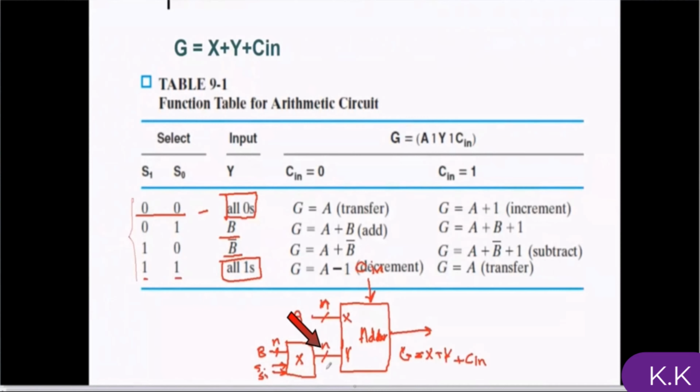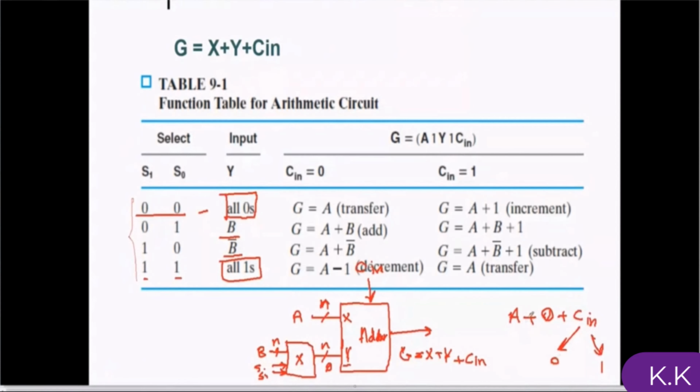We have A plus 0, A plus 0 plus carry in. So carry in can be 0 or 1. So A plus 0 is A, and A plus 0 plus 1 is A plus 1. So these are 2 possible outputs.